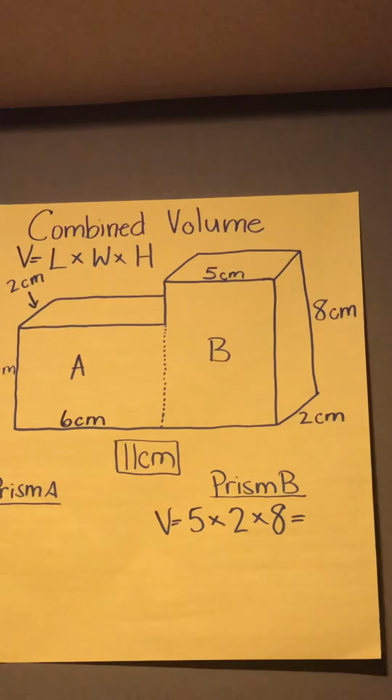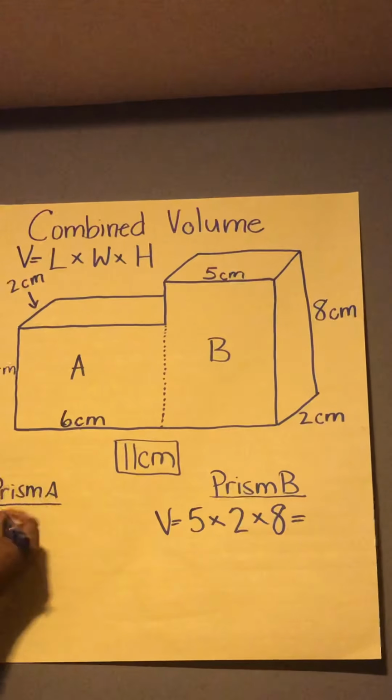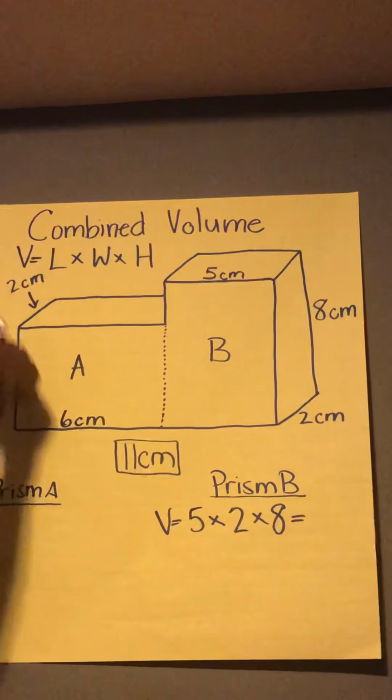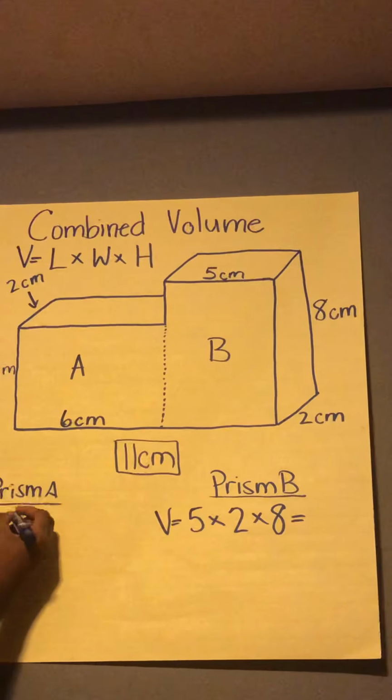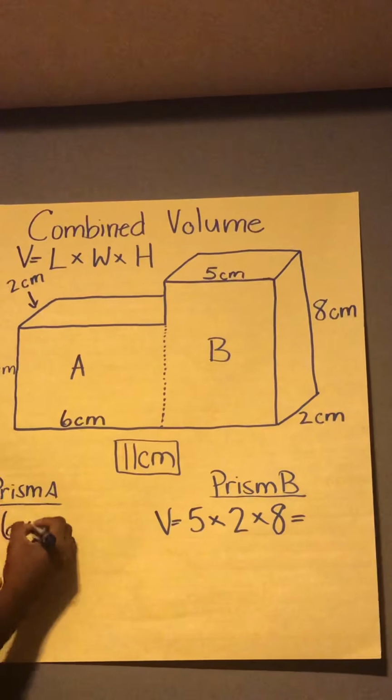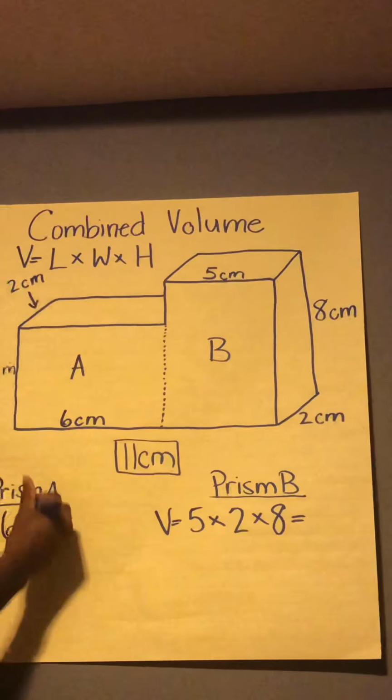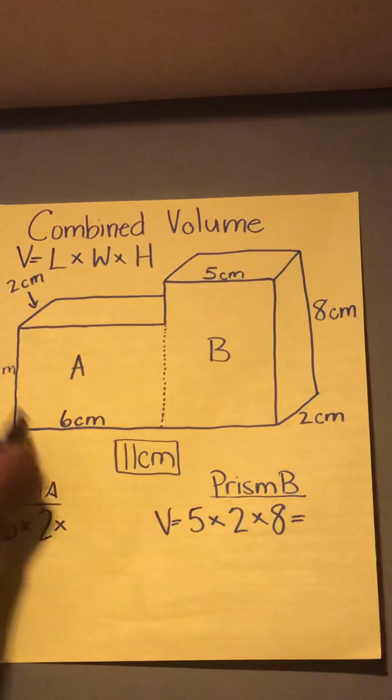Okay, so now I have 3 dimensions for Prism A. So the volume for Prism A will be, and it doesn't really matter how you set the numbers up, I always choose the easier way to multiply so that I can use mental math. The length is 6, the width is 2, and the height is 5.